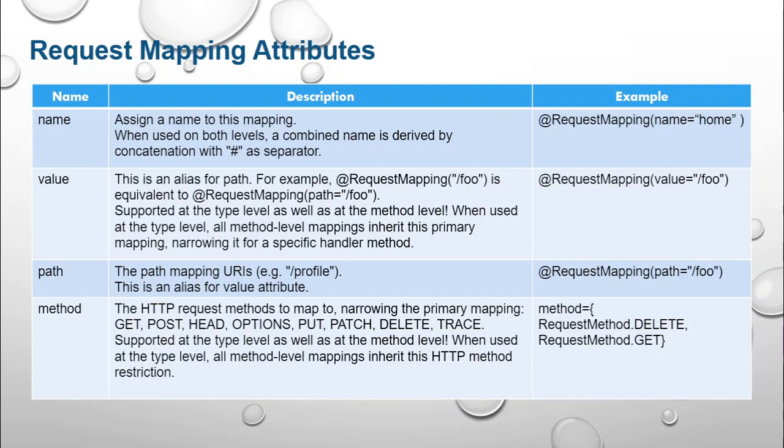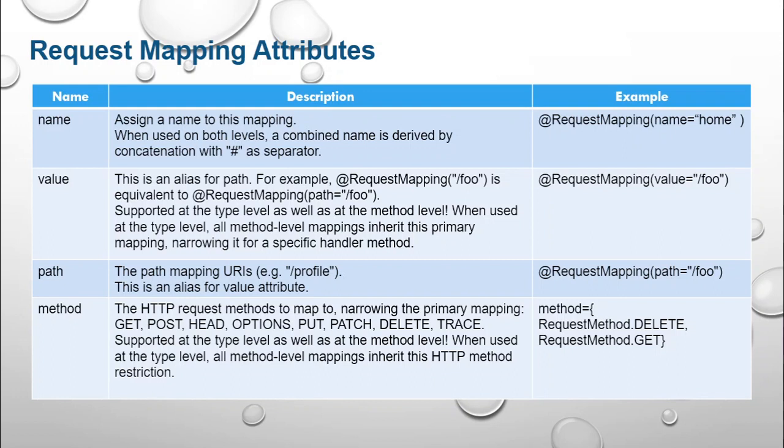Now we'll be discussing the attributes of the request mapping annotation. The first attribute is the name. The name attribute will assign a name to the mapping. So it's just a name. When used on both levels, a combined name is derived by concatenating with a hash as the separator.